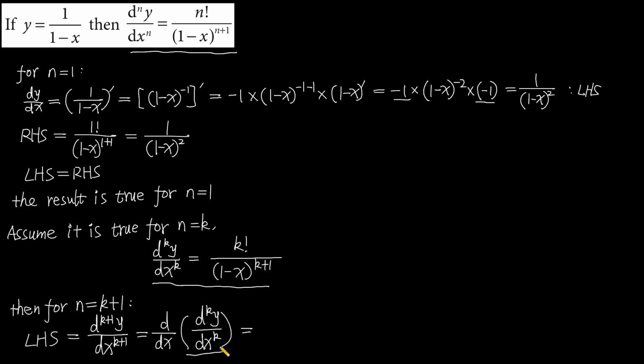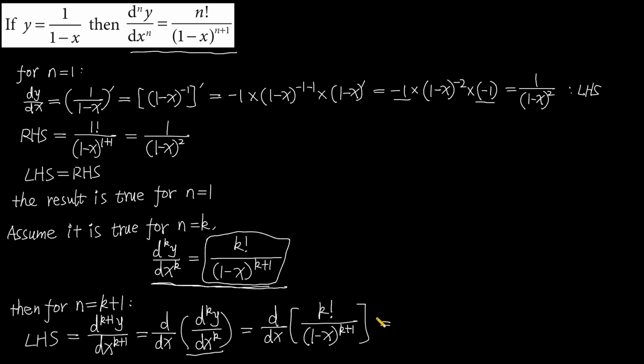We replace this guy with this guy, because we assume this is true. Then we get d/dx of k factorial over (1 minus x) to the power of k plus 1.